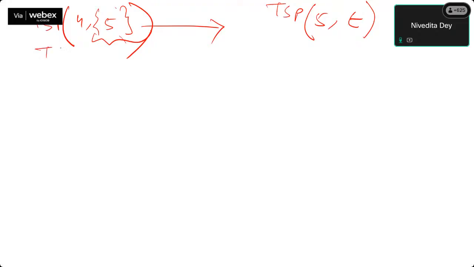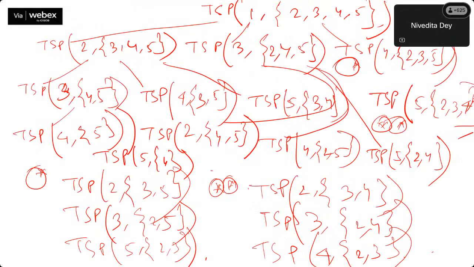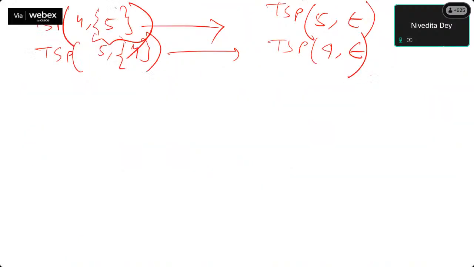Similarly, if we keep on doing that, there will be certain cases where there will be little repetition. So what are the repeating elements? TSP 5, epsilon might also come for TSP 3, 5. TSP 4, epsilon might also come for TSP 2, 4 or 3, 4.